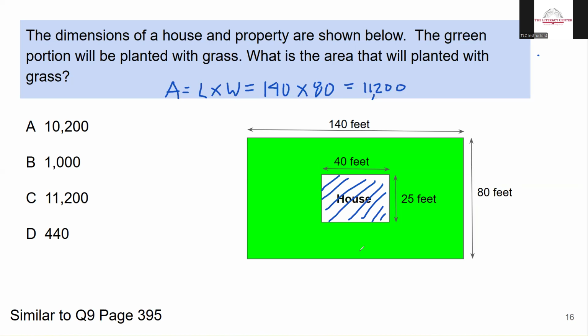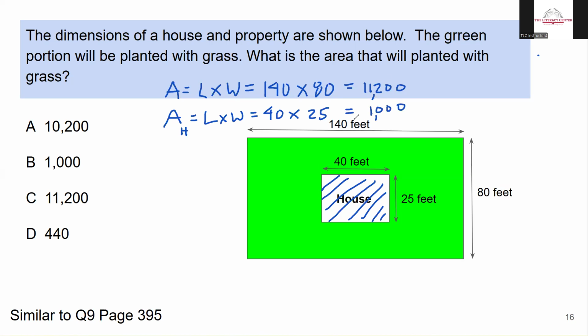So we need to find the area to subtract. So that area, I will call it for the house, is equal to length times width again, 40 times 25. And 40 times 25 is, go ahead and calculate that if you didn't before, 1,000.